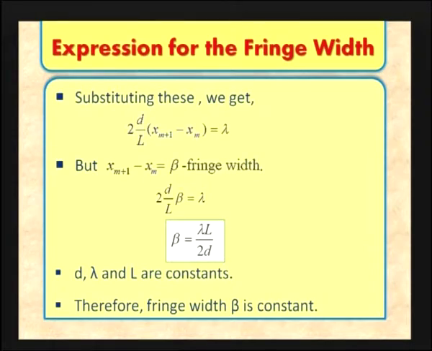So, in an interference experiment, to measure the bandwidth you use a microscope with a crosswire, keeping the crosswire at the mth band, the m plus 1th band and so on. So, you can find the distance between two successive bands, that is given by beta. The expression for beta is important.